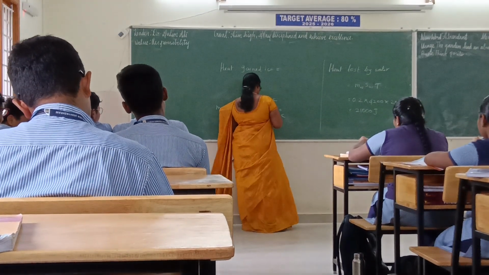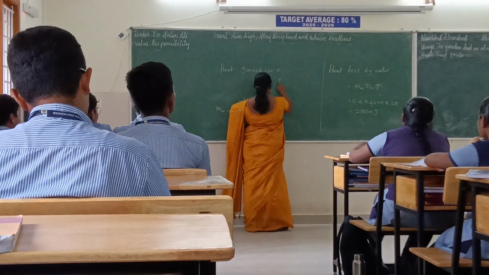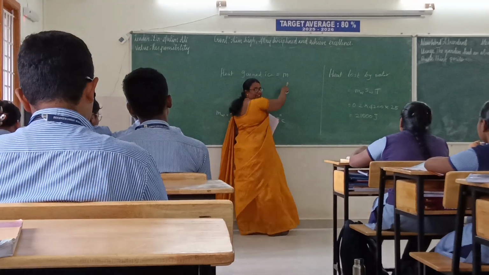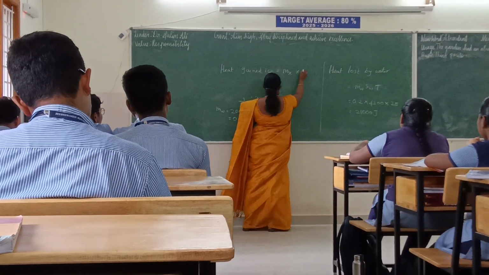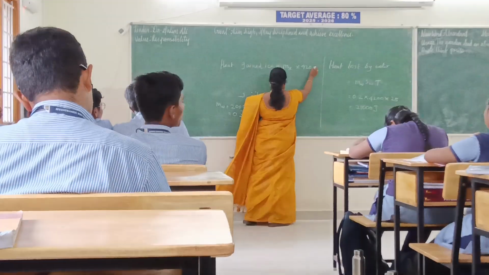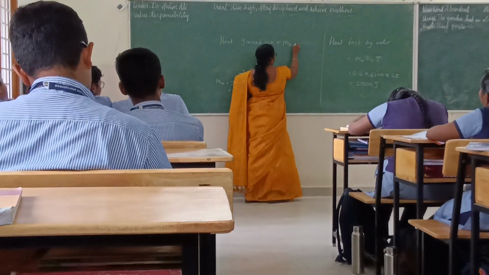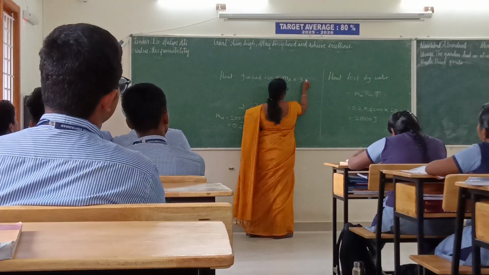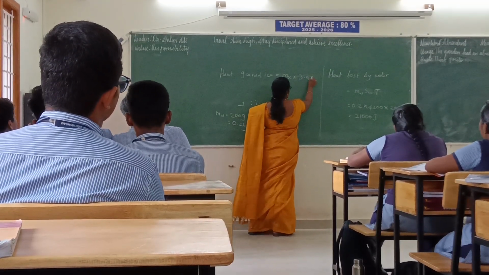Then we can calculate this value. How much ice is melting, we don't know, isn't it? So we can keep this as m x. Then the latent heat of ice is given, 3.4 into 10 to the power 5.